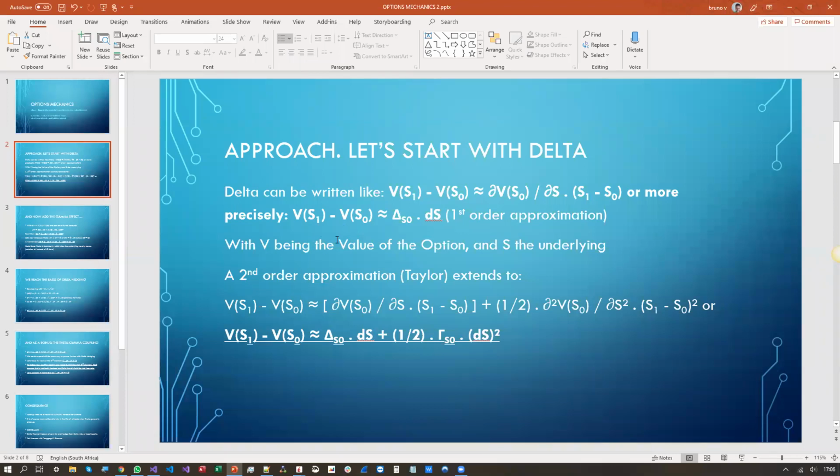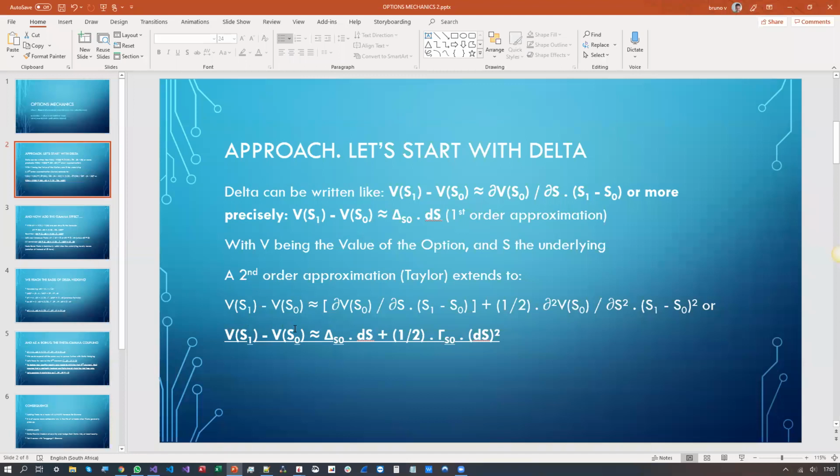And if we now expand using the Taylor formula, the difference in the price of an option is the partial derivative, delta V on delta S, which is a bit complicated if I use the wording delta, but anyway, times the difference in the price of the underlying. The second order brings in a second order derivative, which, if you recognize, d2V over dS squared, is actually gamma, also localized in S0.